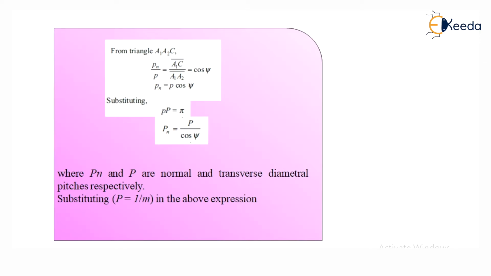Now consider triangle A1A2C. In this, cos psi is equal to A1C bar divided by A1A2 bar, which is equal to Pn upon P. Therefore, we can write down Pn is equal to P cos psi.